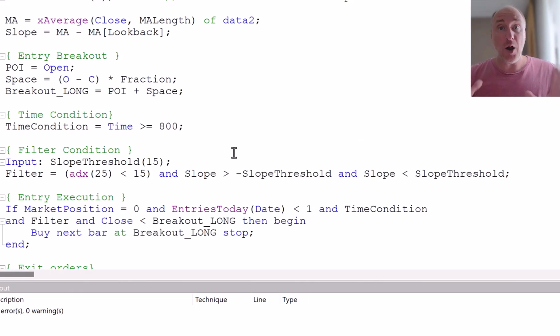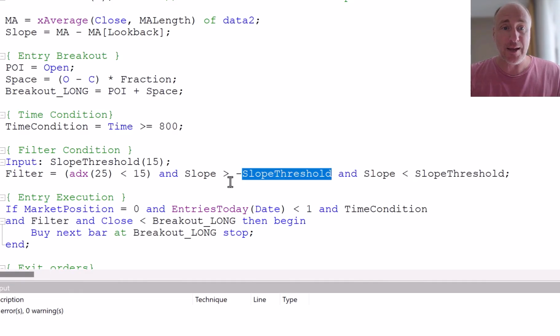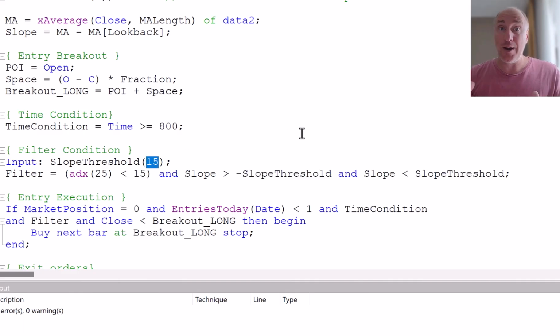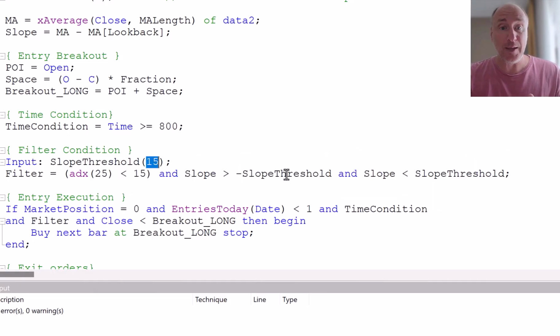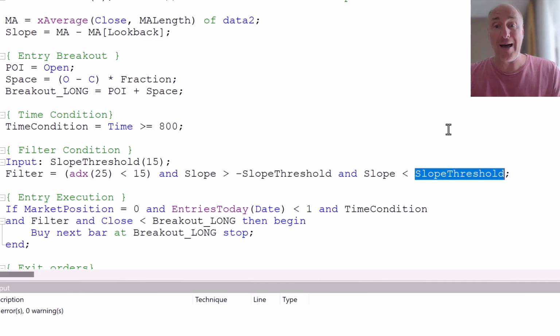Okay, now how do we optimize this? Well, it's very simple. The original NASDAQ strategy used the range between -15 and +15. That means we're using the same value, a symmetrical value. We're just in one case using the negative value and in the second case the positive value. So what I'm very comfortable to do here is just take this slope threshold input and optimize it with values from 1 to 40, step 1, which will result in ranges between -1 and +1 up to -40 and +40.